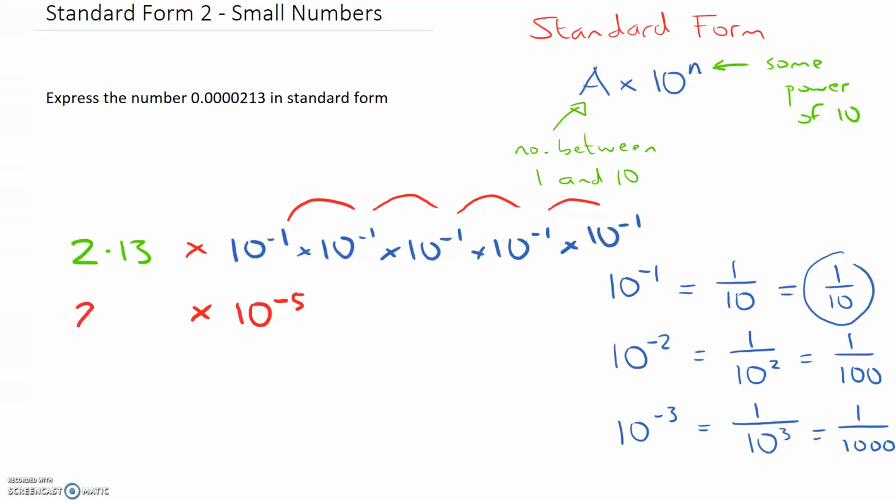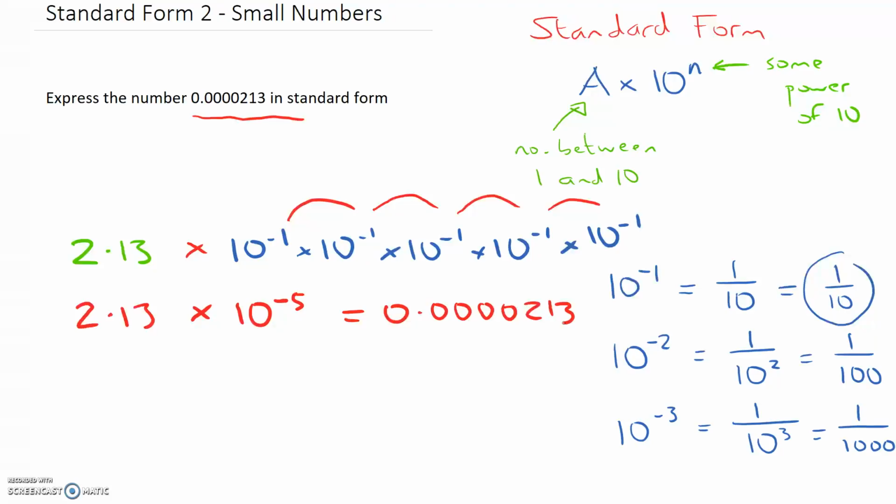So our final answer will be 2.13 times 10 to the power of minus 5. 0.0000213 is equal to 2.13 times 10 to the power of minus 5 in standard form.